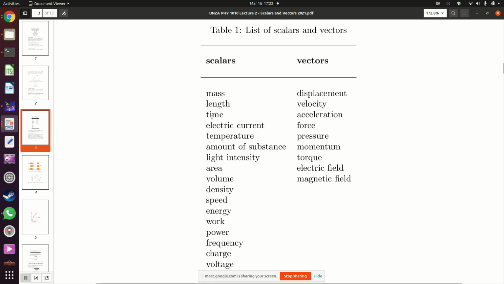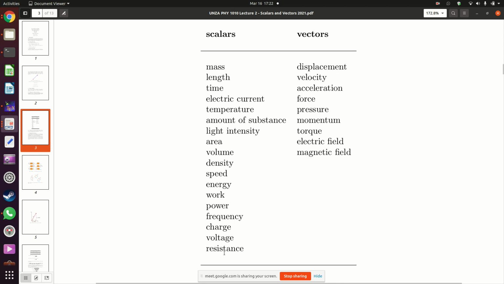There is time, then there is electric current, temperature, amount of substance, light intensity, area, volume, density, speed, energy, work, power, frequency, charge, voltage, resistance. These are examples of scalars.